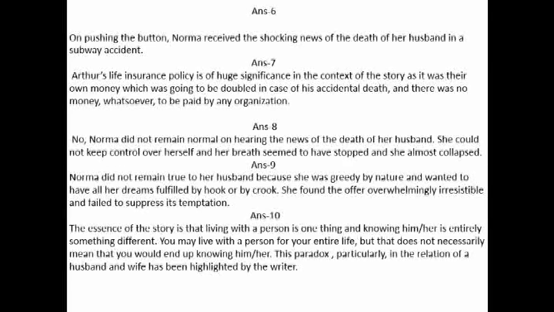You may live with the person for your entire life, but that does not necessarily mean that you would end up knowing him or her. This paradox, particularly in the relation of a husband and wife, has been highlighted by the writer.